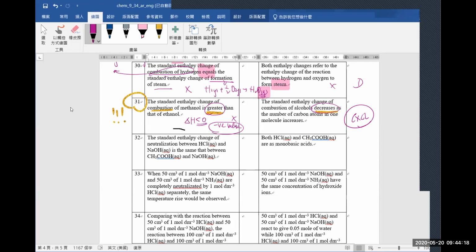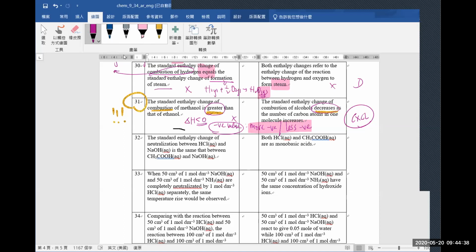Then you compare the two negative data. What terms do we need to use? You use the terms more negative or less negative. Okay, could you please mark it now? More negative, less negative. So for this term, change it.